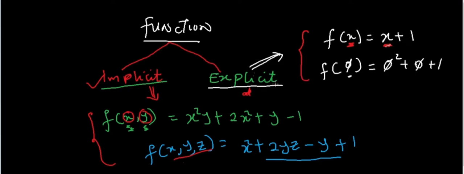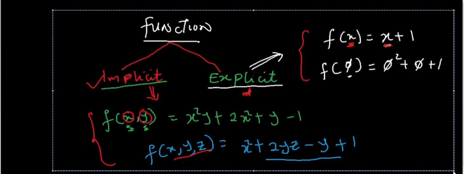So let's move into doing some questions so we can actually understand what this function and the concept of function is all about. Let's take a simple example. For example, if I give you f of x is equal to 2x squared plus 3, and you are asked to find f of 3.